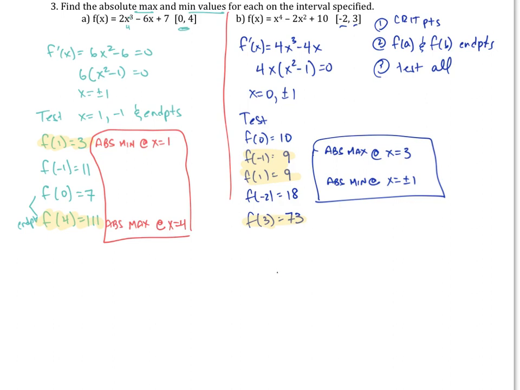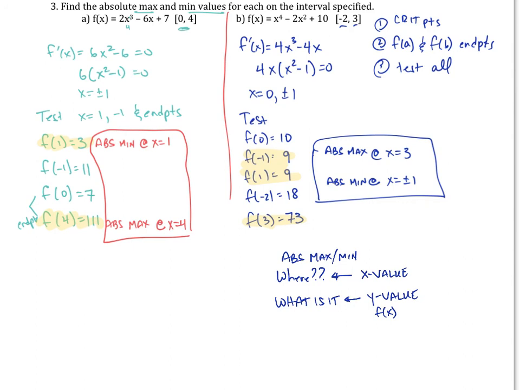If I say where does the absolute max or min occur, this is the x value. So when I say where, it's the x value. When I say what is it, then you're going to give me the y value, right? So this would be the f of x value.